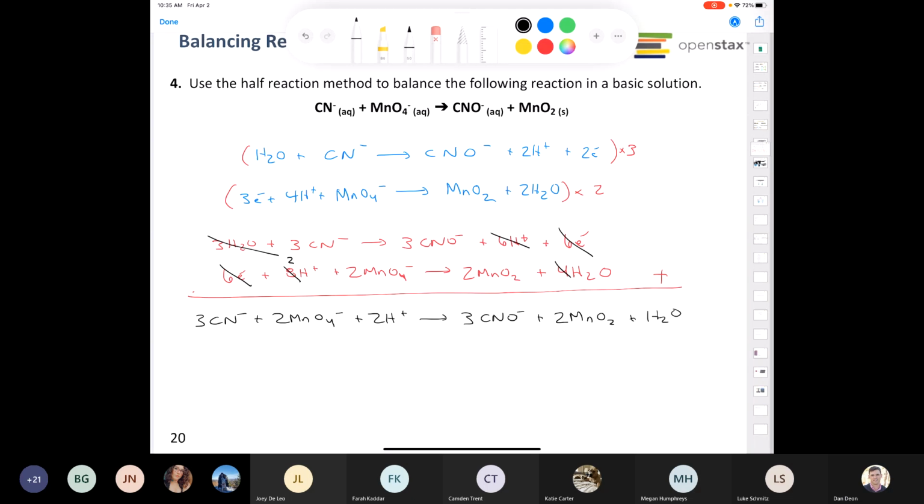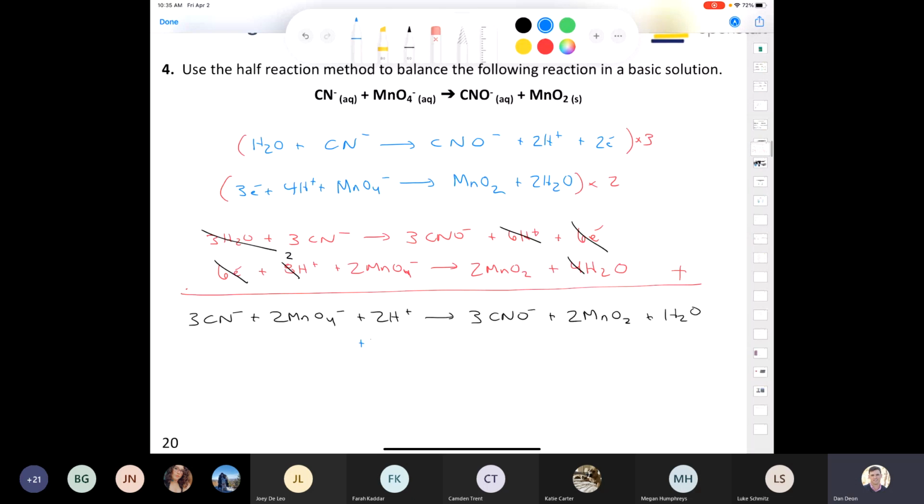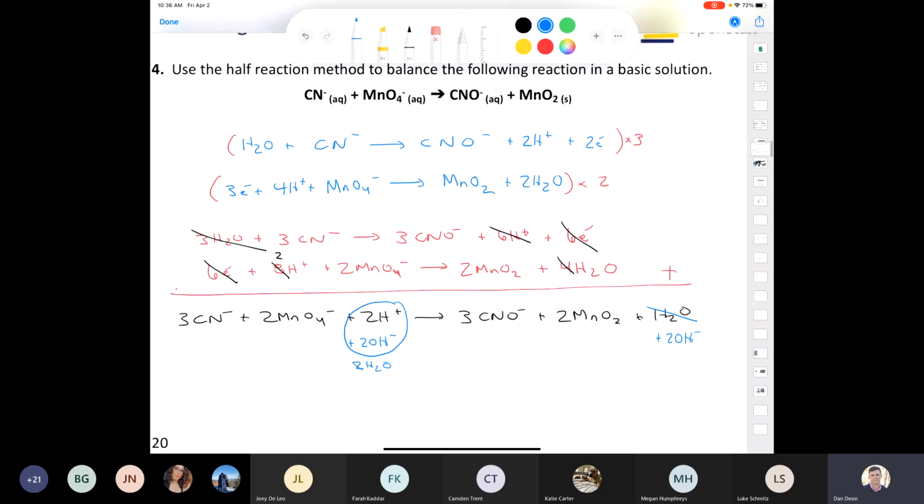Okay, there we go. Now in the last step, I'm going to add the same number of hydroxides to each side. So I have 2 protons, so I'm going to add 2 hydroxides, and I'm going to add 2 hydroxides over here. These two are going to combine to give me 2 water molecules, which is going to cancel this one out and leave me with 1 water molecule on my reactant side.